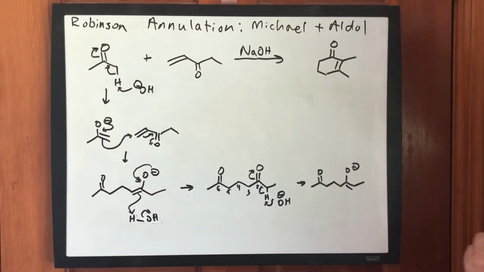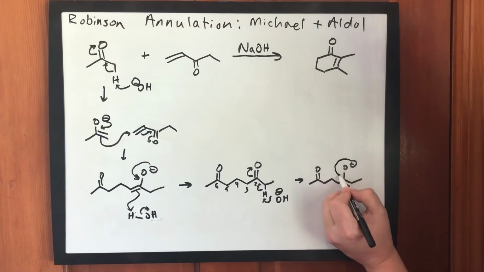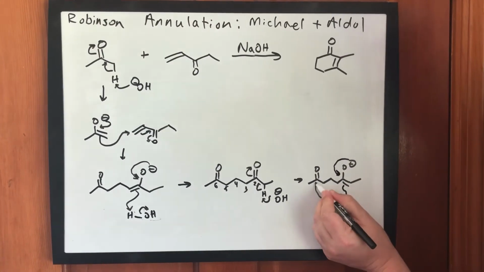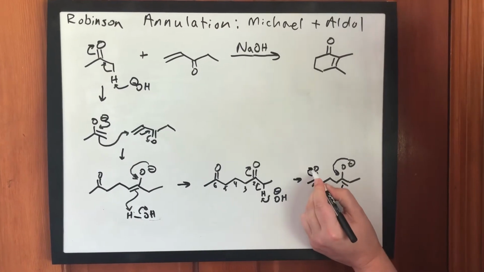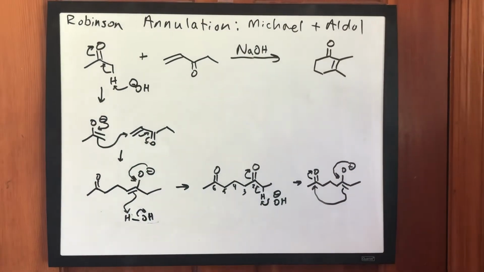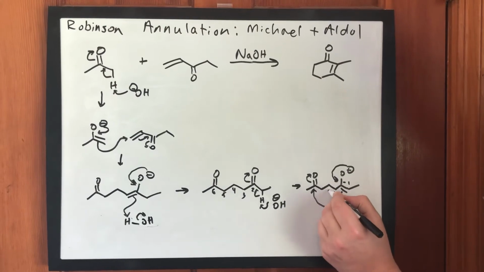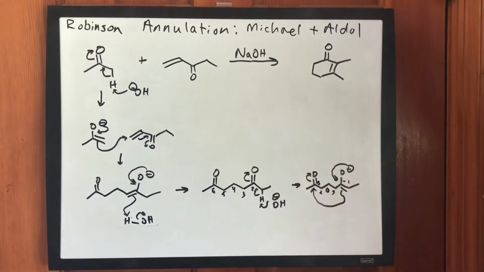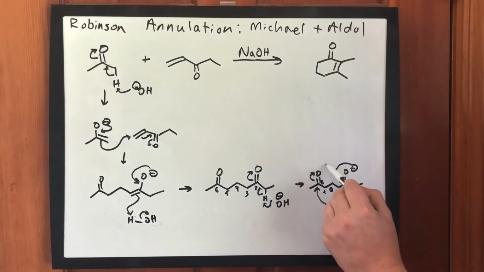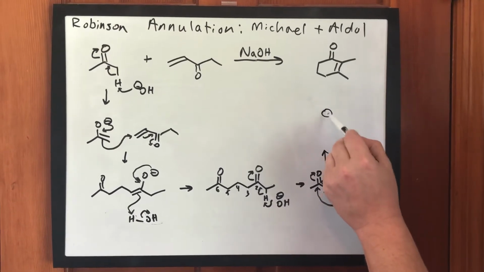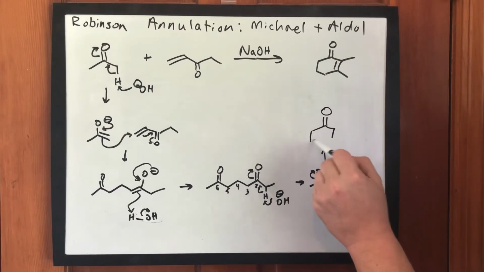Now what can end up happening is this enolate will collapse down and undergo an intramolecular aldol condensation to form a six-membered ring. Again, we can count 1, 2, 3, 4, 5, 6 atoms away. And so that's going to snap this ring shut into a system that looks like this.